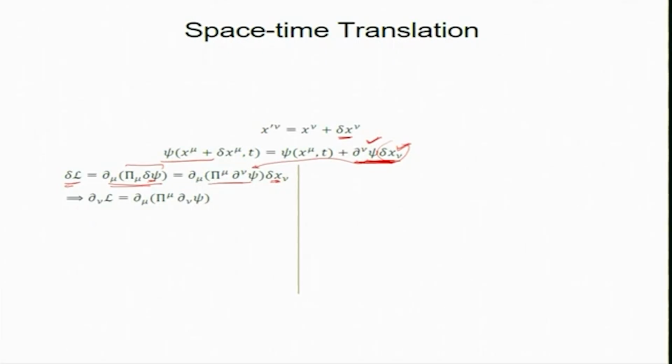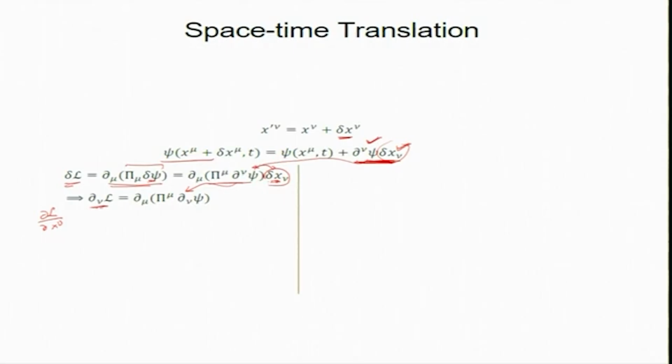There may be some algebraic error, but let us just go on. So, from here it follows that partial L partial x nu will be this object. I am slightly doubtful how we can take this object outside the derivative, but let us ignore that complication.